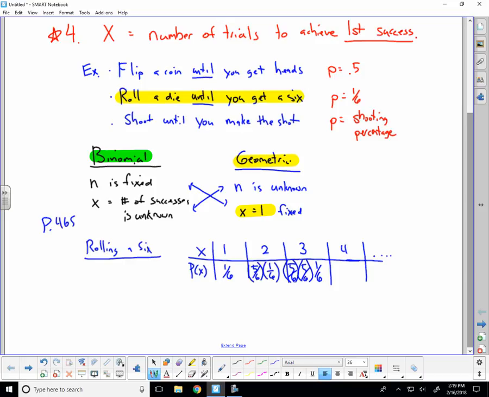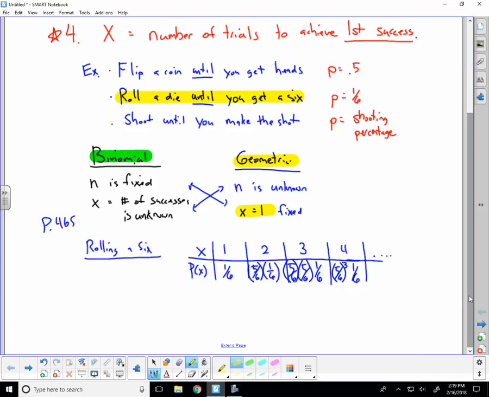That last time, there's only a 1 out of 6 chance, but we're going to stop there. And then if I want to fit this in, I could just say it's 5/6 to what power? For the fourth one, to the third, because the first 3 are going to be something else, and then the last one is going to be 1/6.